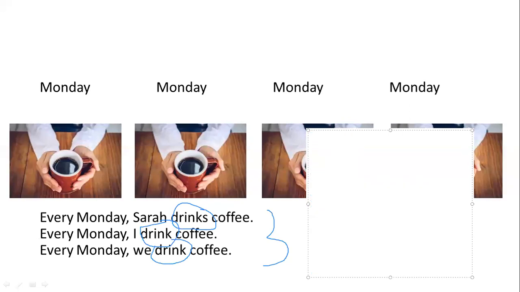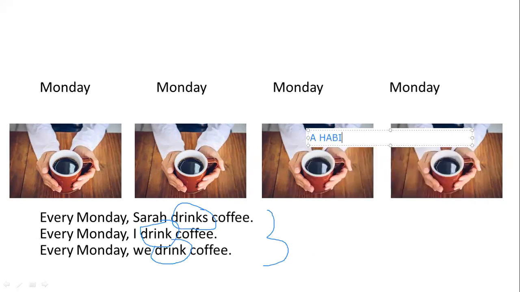So let's revise this very quickly. If I want to talk about a habit, something that happens often, reoccurs, then I use present simple.